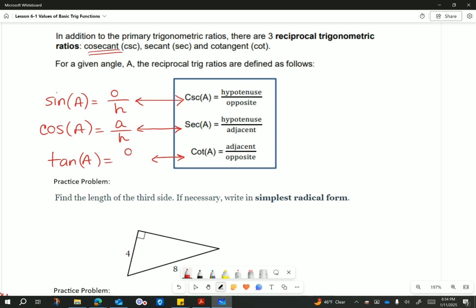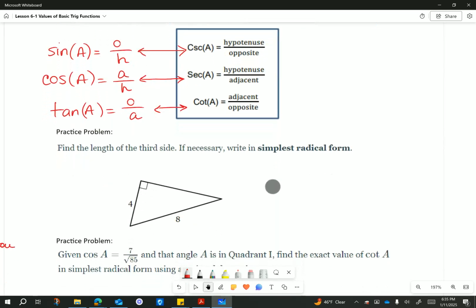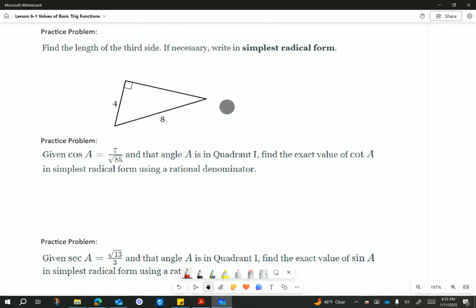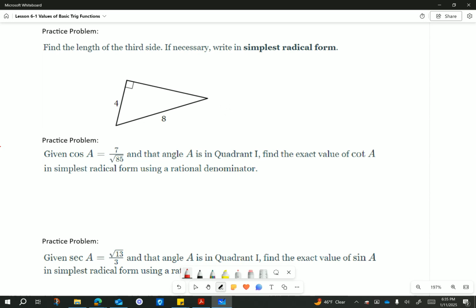And originally it was O over A. And when you flip it, it becomes cotangent, which is A over O. So once you know the ratios of a sine function, you will always know what the cosecant is, because you just take that ratio and you take the reciprocal. All right. So these are the 6 trig functions that you're going to work with a lot this chapter. So let's do these 3 problems, and then you can dive right into your homework.